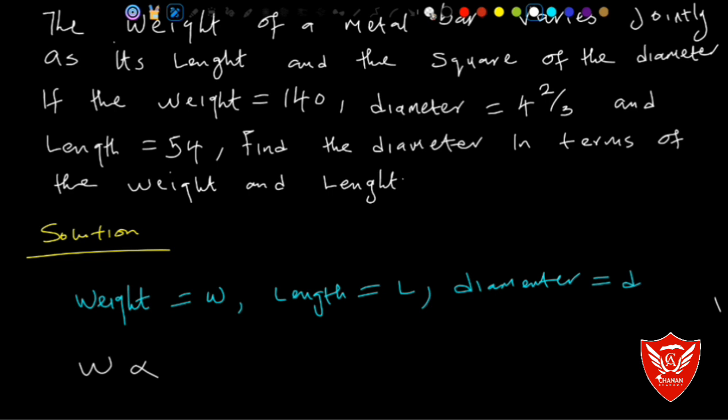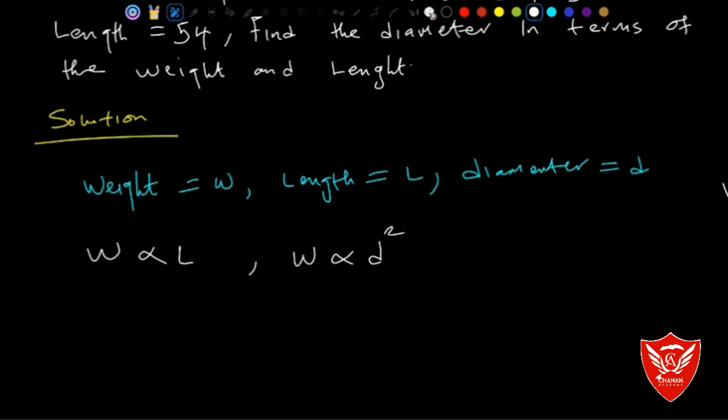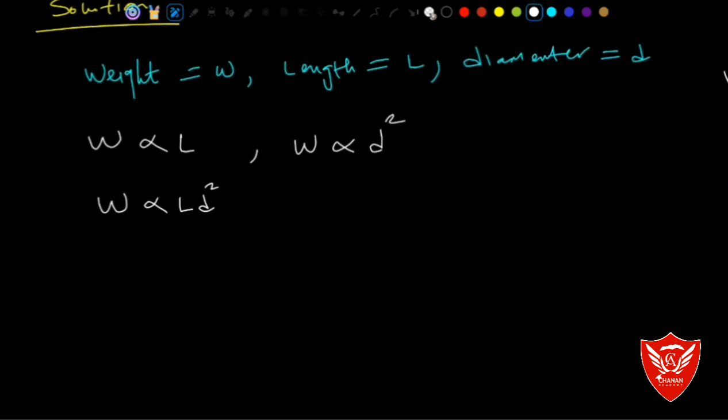So it varies directly as the length, and W also varies directly as the square of the diameter. When we join this together, W varies directly as the length and the square of the diameter. So let's introduce the constant of proportionality. It becomes W equal to K L D square.